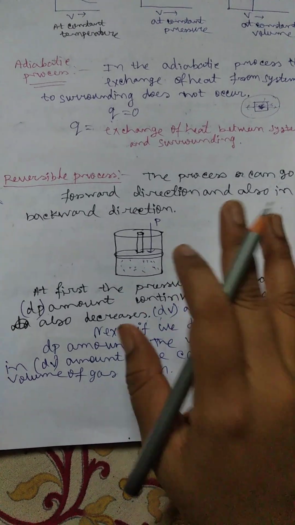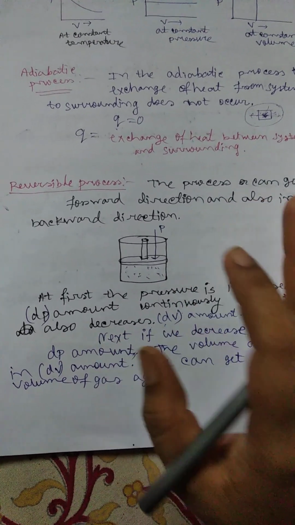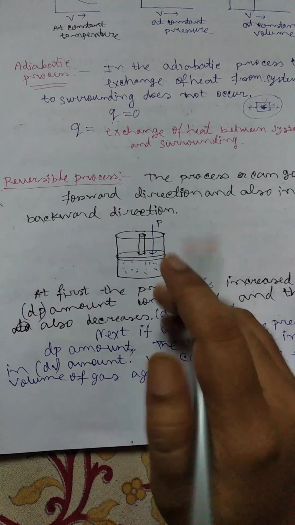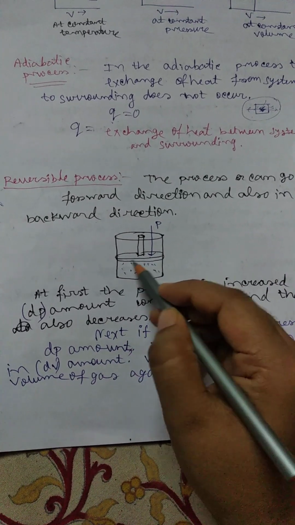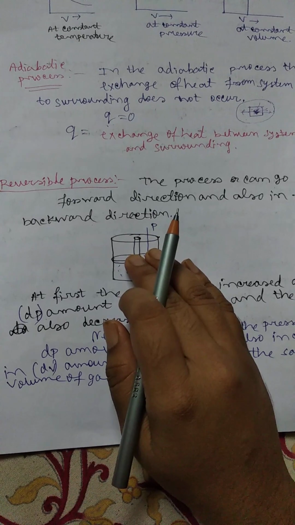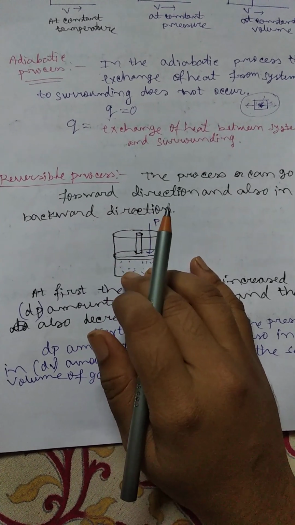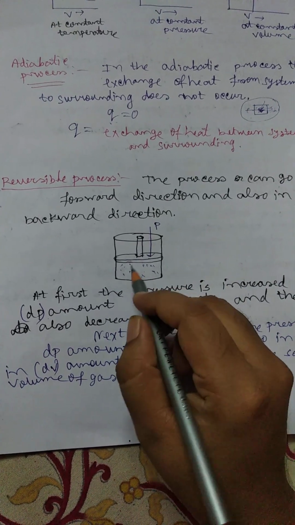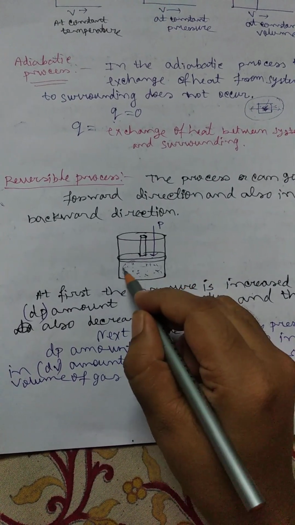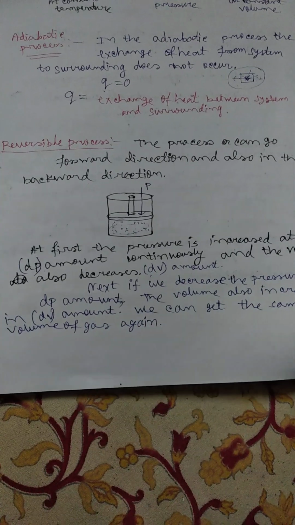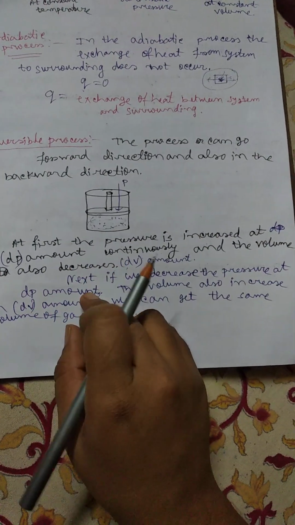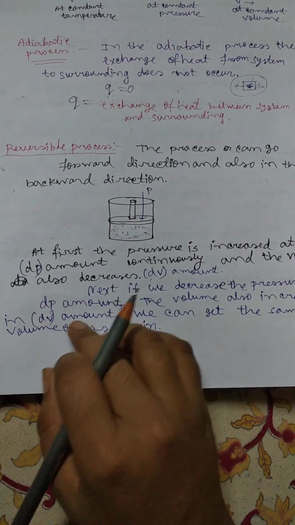So I am increasing the pressure by dP on the piston, and the piston is going towards the vessel, and the volume of the gas is decreasing.